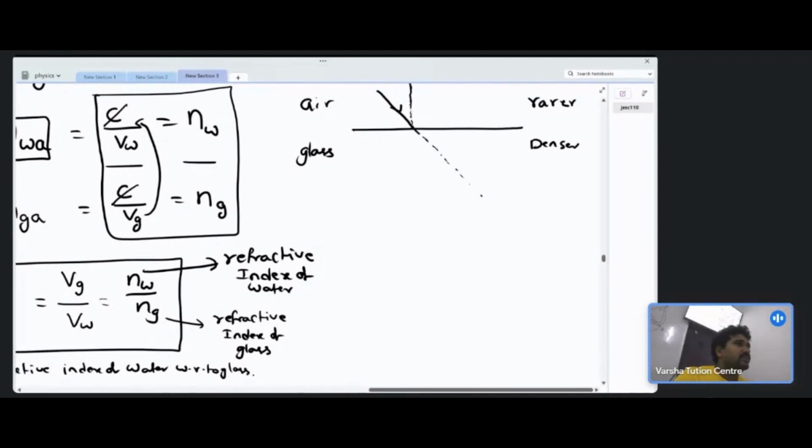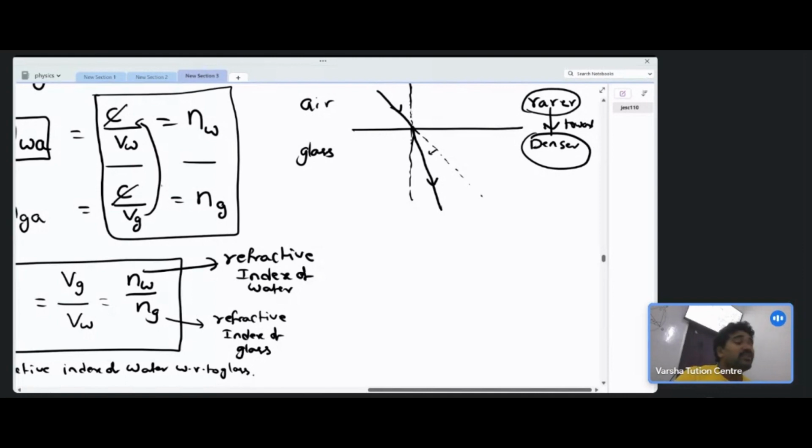Since there is a difference in medium, the ray will bend towards the normal. When traveling from rarer to denser, it bends towards the normal.